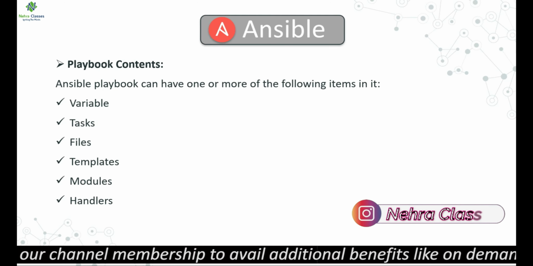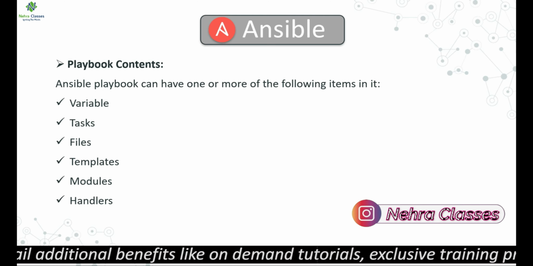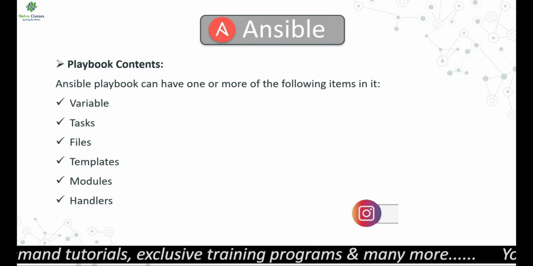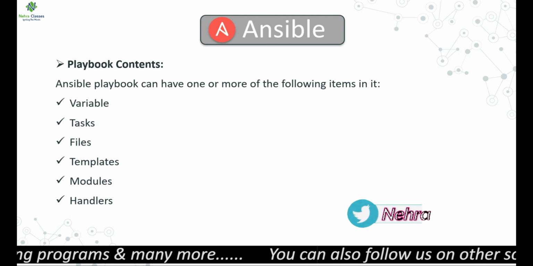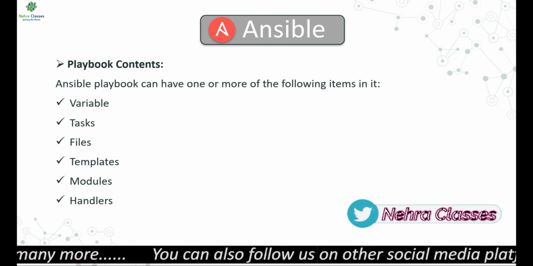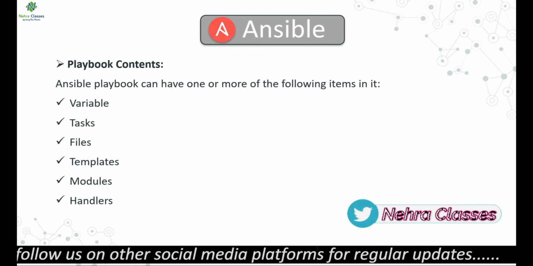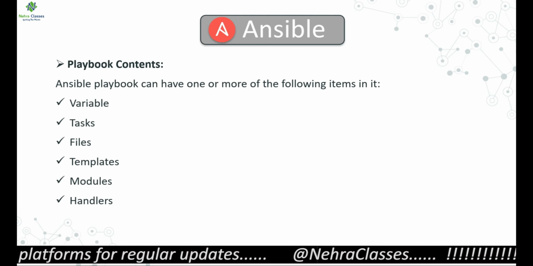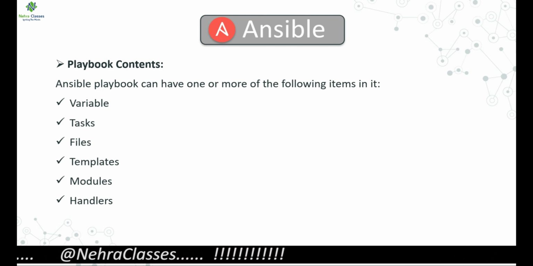The variables can not only be used in the Ansible playbook, but they can also be used in templates as well as in the inventory files. Variables play a vital role in Ansible. That is why they are very important. In this session, we will focus only on the variables. We will learn how we can use them in Ansible playbooks, templates, and inventory files practically.